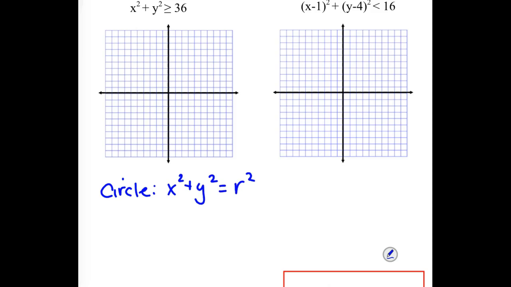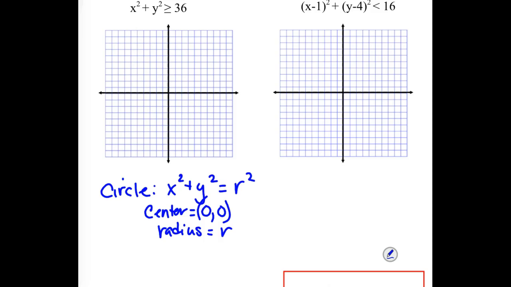Okay? In this format, our center is the origin, and our radius will be the square root of whatever r squared is. Okay? So looking at our first example, we have x squared plus y squared is greater than or equal to 36.